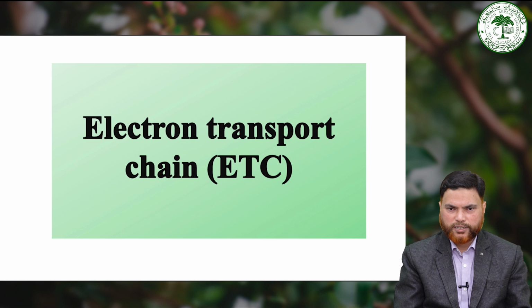Generally, as I mentioned earlier, electron transport chain takes place in the inner mitochondrial membrane of eukaryotic cells and plasma membrane of prokaryotes, and plays a crucial role in converting energy stored in various molecules into a form that could be utilized by the cells, namely ATP.